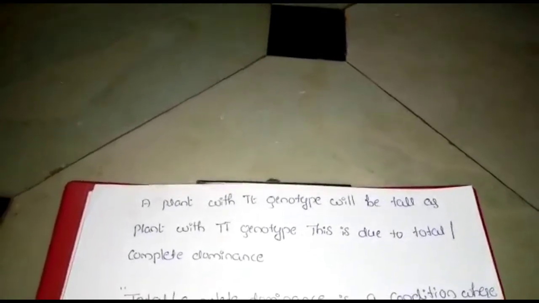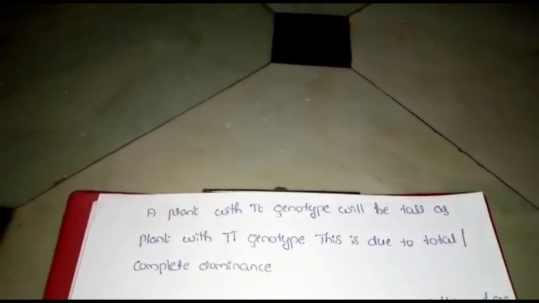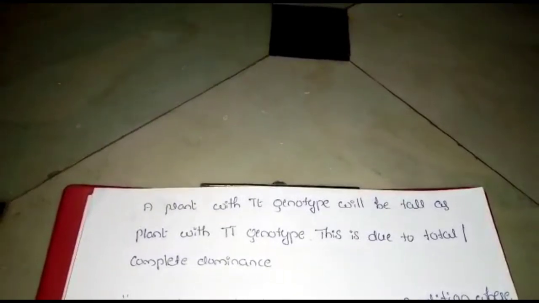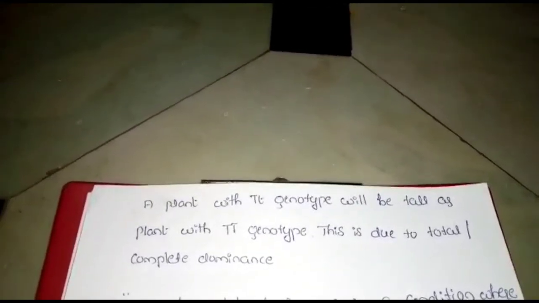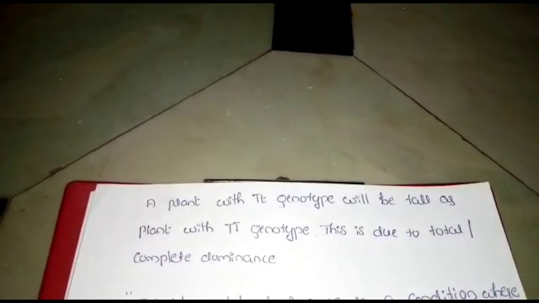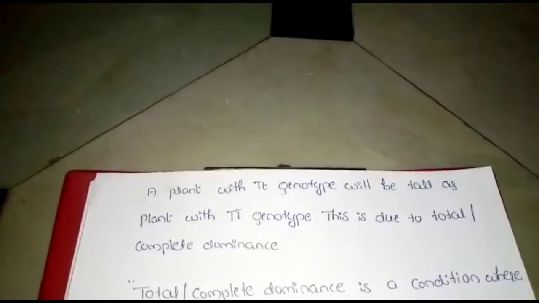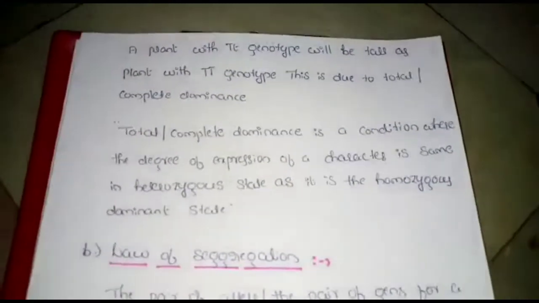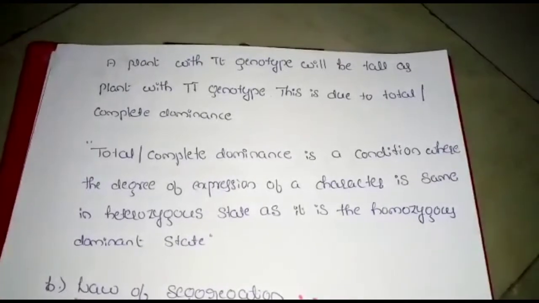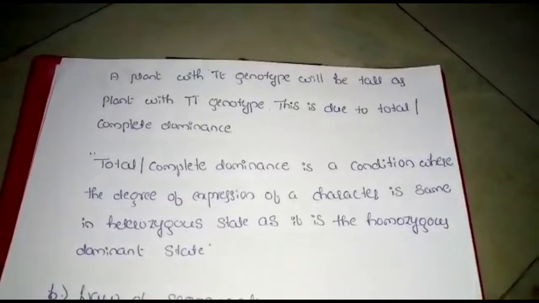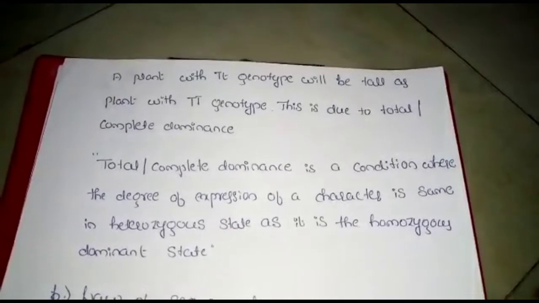The homozygous genotype capital T capital T is also tall. This is called complete or total dominance. Here you have to consider both the homozygous and heterozygous conditions. Those genotypes that show dominance express their character, and this is called total or complete dominance. Complete dominance is the condition where the degree of expression of the character is the same in the heterozygous as in the homozygous dominant state.